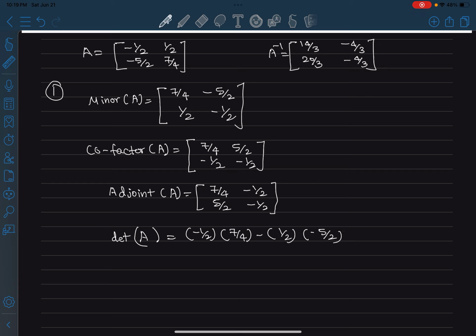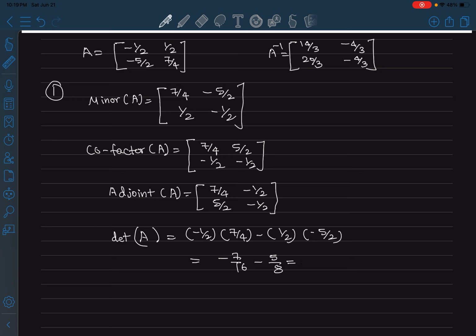That gives -7/8, and this is actually plus 5/4. Let me recheck that. That's true for a 2 by 2 matrix; for 3 by 3 it's different, and you just have to look it up somewhere.